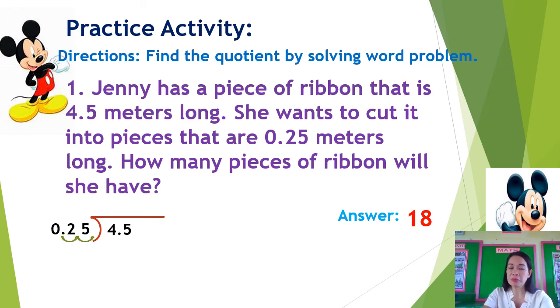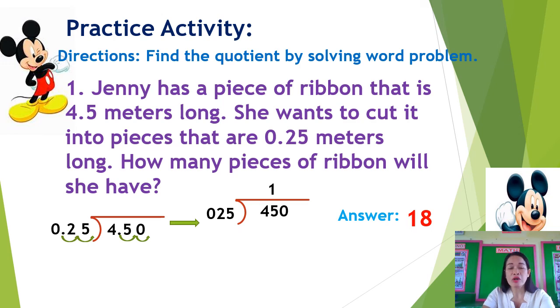Since we moved 2 decimal places in the divisor, we also do that in the dividend. Okay. Now, the dividend has 1 decimal place. What we are going to do is to add 0. Okay, so now we can divide 450 divided by 25. The decimal numbers become whole numbers.